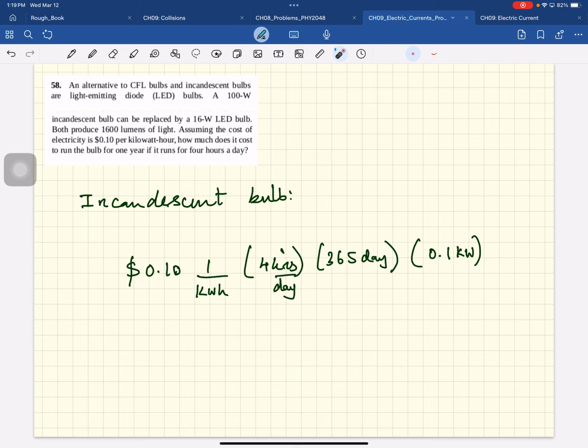So here you have kilowatt hour, the day cancels. You have a kilowatt hour, that cancels with that. So you just get the cost.